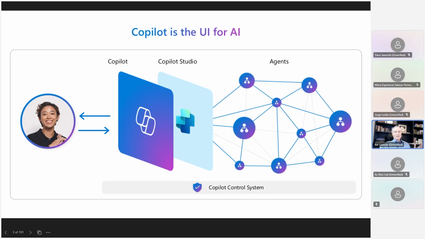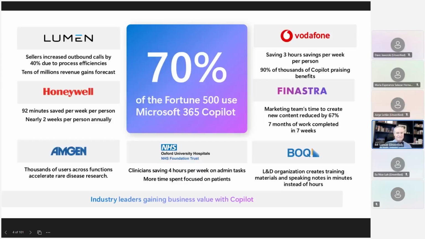So Copilot uniquely offers enterprise data protection, ensuring your data is managed according to your organization's standards and policies. And that combination of power and safety is why 70% of the Fortune 500 are already using Microsoft 365 Copilot.